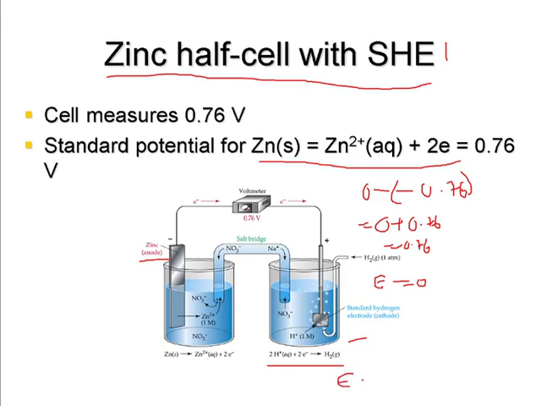For E0 cell you have E cathode minus E anode. The E at the cathode is 0 and the E at the anode is minus this. So that's the other significance of using an SHE.